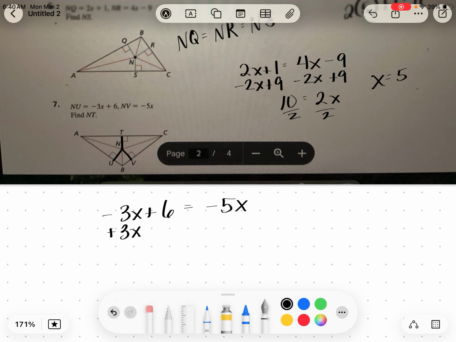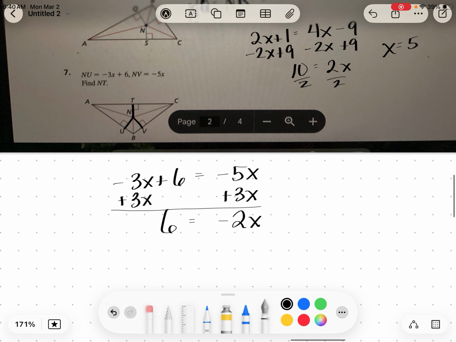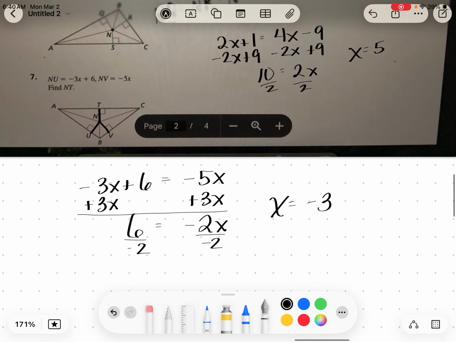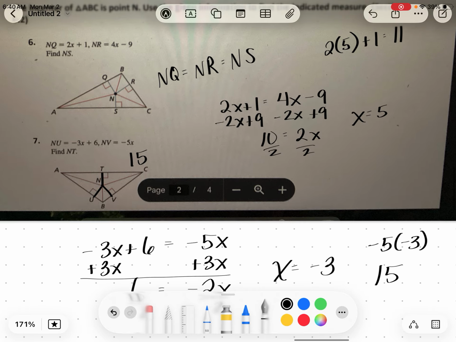So if I add that over, divide by negative 2, x equals negative 3. Then if you plug it back into either one, I'm going to do negative 5 times negative 3, it's just faster. I get 15. So the length of NT is 15. The length of NS is 11. That's 6 and 7.